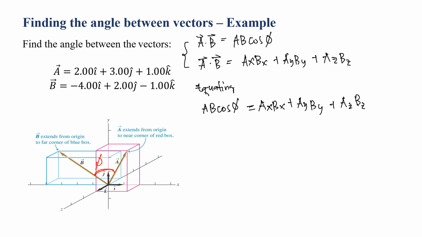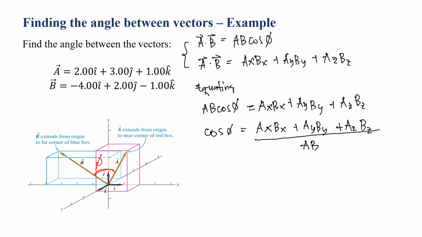And we only want to solve for your phi, so we have here your cosine phi, which is equal to AX BX plus AY BY plus AZ BZ, divided by the magnitude of A times the magnitude of B. Let us not go into more detail, but your AXBX plus AYBY plus AZBZ is equal to -3.